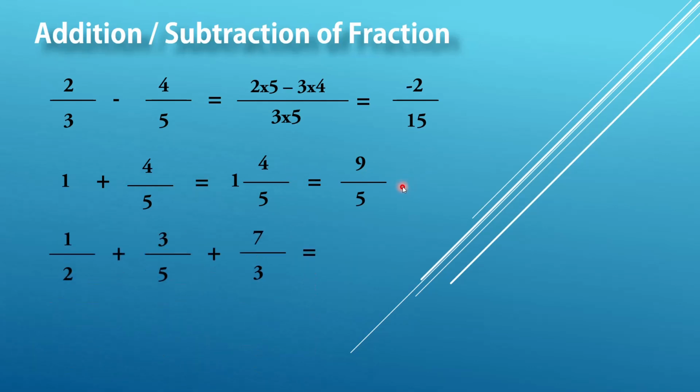Okay, now take the next example, like 1 by 2 plus 3 by 5 plus 7 by 3. Here if you see, we have 2, 5, 3, so all three denominators are different. You cannot apply the same denominator rule here, but we can do it by converting.